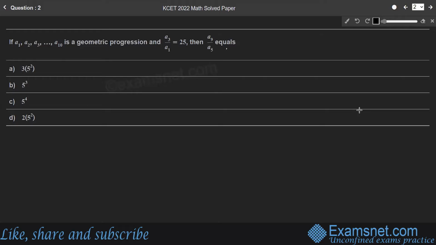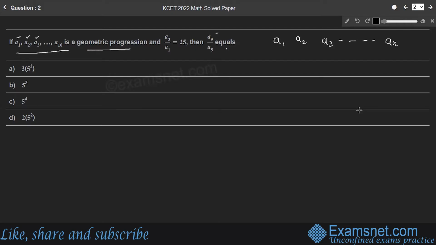Question number 2. If A1, A2, A3, and so on up to A10 is a geometric progression and A3 by A1 is equal to 25, then A9 by A5 is equal to. So in a geometric progression like A1, A2, A3, and so on up to An, there are n terms.